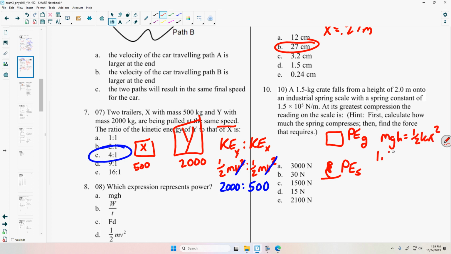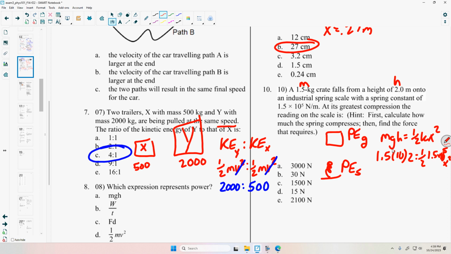So 1.5 times 10, this is the mass, this is the height, times 2 equals 1/2 of k, which is 1.5 times 10 to the 5th, times x squared. And then I solve that for x squared.